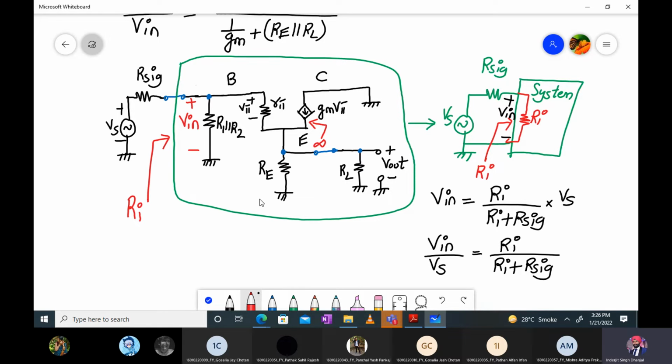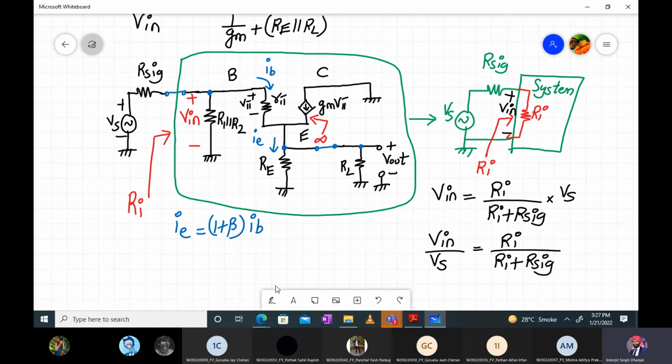Same technique which we apply. As you can see here, we have R1 parallel to R2, and that will be in parallel to R pi plus RE parallel to RL. But here the current flowing is IB, and the current flowing into the emitter terminal is IE. So IE will be given by 1 plus beta times IB. So how can we write the formula for Ri now?